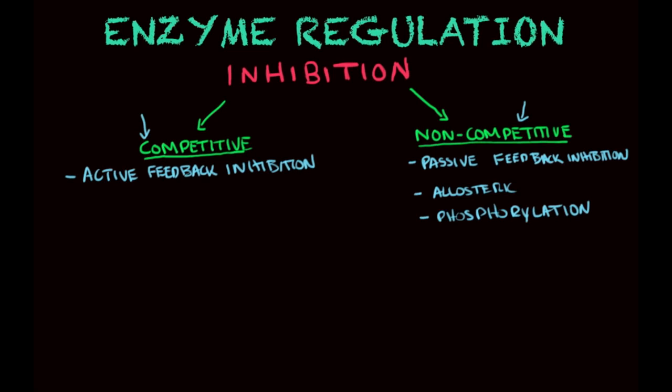And this means that the product of a reaction will bind somewhere, usually an allosteric site, on the enzyme, and that way will switch it off. And this is passive feedback inhibition. Now, the second type then will be allosteric, and the third and final one, phosphorylation, another type of non-competitive inhibition.